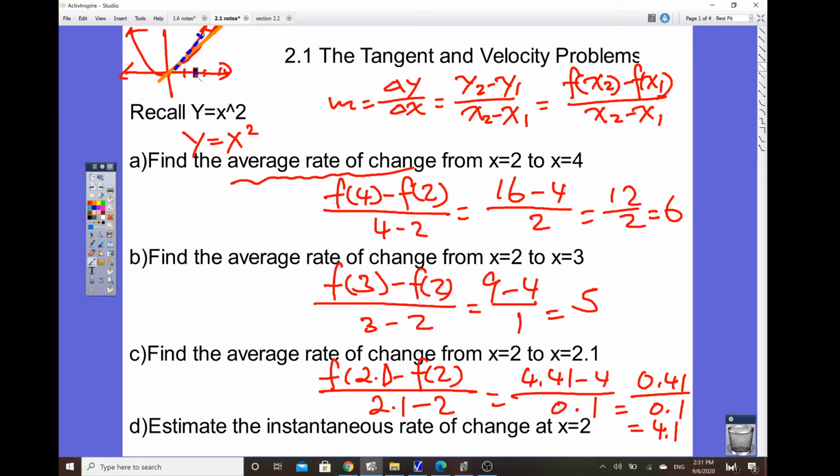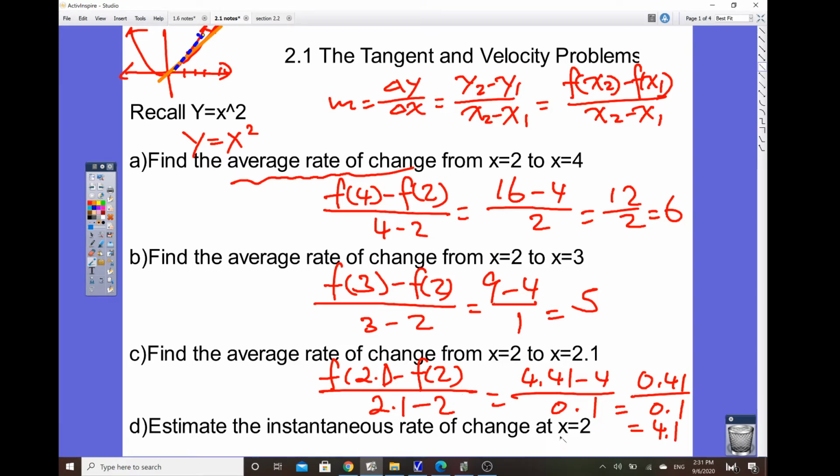So what they're saying is that if the tangent line and the secant line are parallel, then the slope has to be exactly the same. In order to estimate the instantaneous rate of change, the only thing that's different here is that instantaneous rate of change means finding the slope at that point, but the average is finding the slope between two points. So try to estimate it.